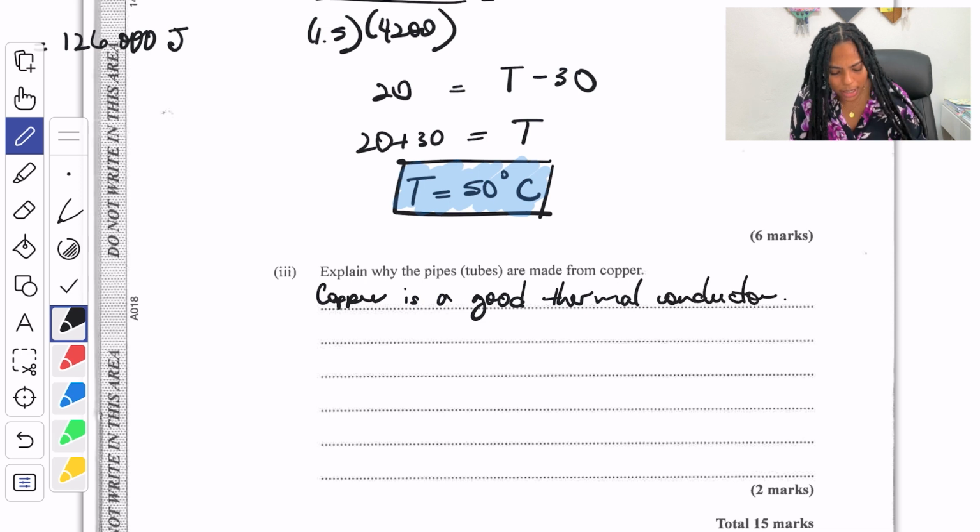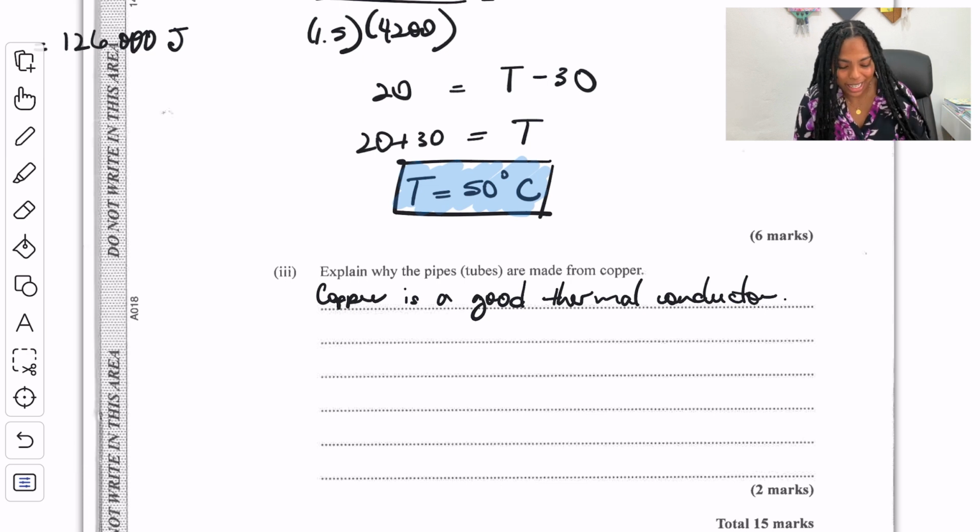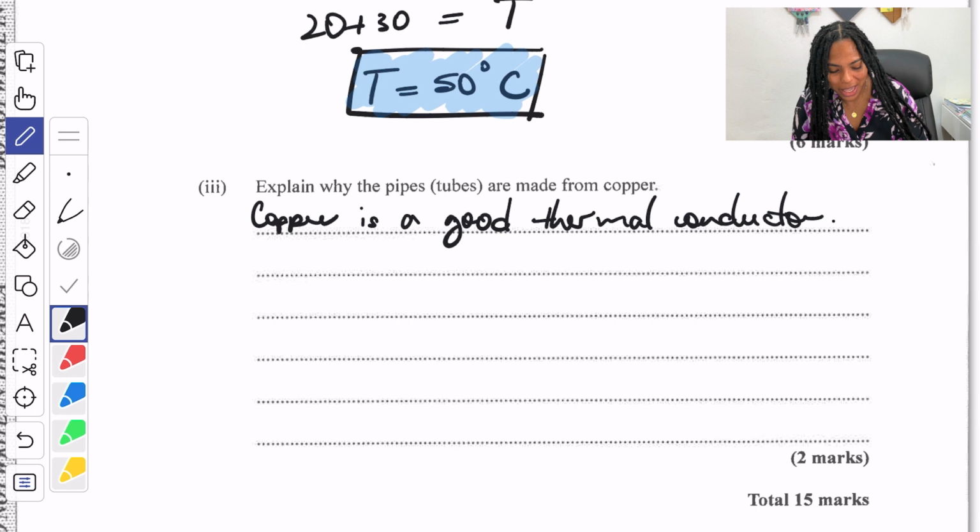And because it's 2 marks and so many lines, I'm feeling like I need to put more information. Again, why I like calculations over explanations.